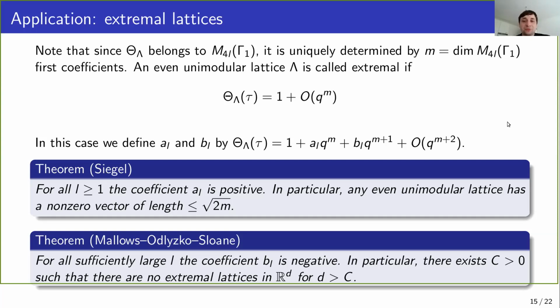Unfortunately, as far as I know, the biggest extremal lattice known is 80-dimensional, and the upper bound coming from this theorem is somewhere around 160,000. So it's not clear how many extremal lattices there actually should be.